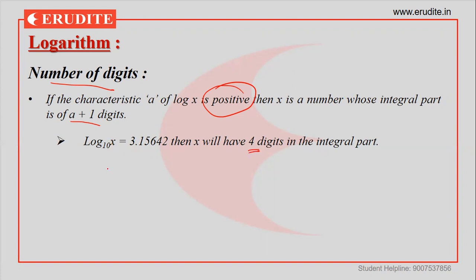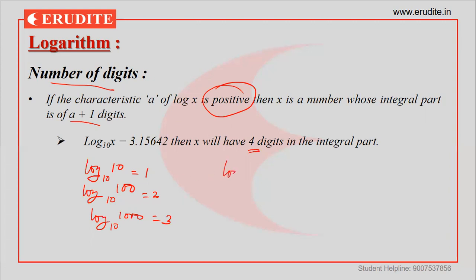Because x, I can explain the same thing this way. Log 10 to the base 10 value comes as 1. Log of 100 to the base 10, we know it is 10 square, so it is 2. Log of 1000 to the base 10 comes as 3. What does it mean? 10 is a two digit number, starting two digit numbers, till less than 100, meaning 99.